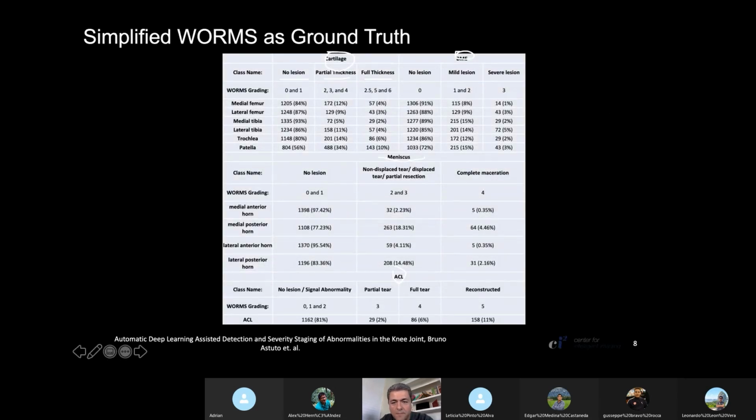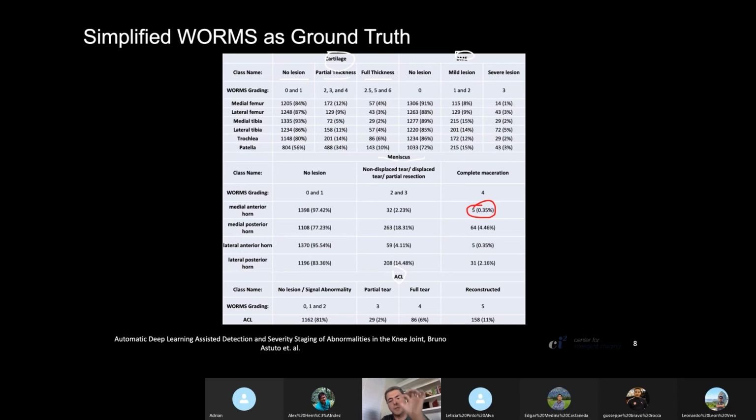Let's look at meniscus. For the medial anterior horn of the meniscus, I only have 5 lesions.